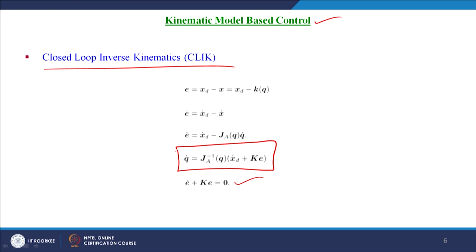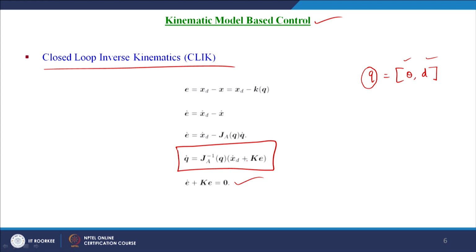The generalized coordinate of the joint is given by q, which can take either theta for a revolute joint or d for a prismatic joint, the joint variables. So, the generalized joint coordinate can be represented by the letter q. The joint velocity is represented by q dot, and the control law under this CLIK is given by q dot equal to J inverse, which is a function of q, multiplied by x d dot plus K e.